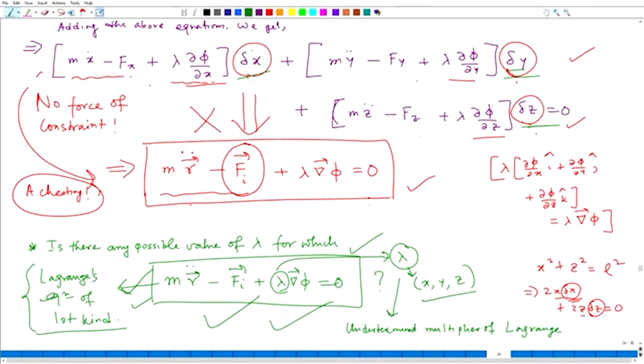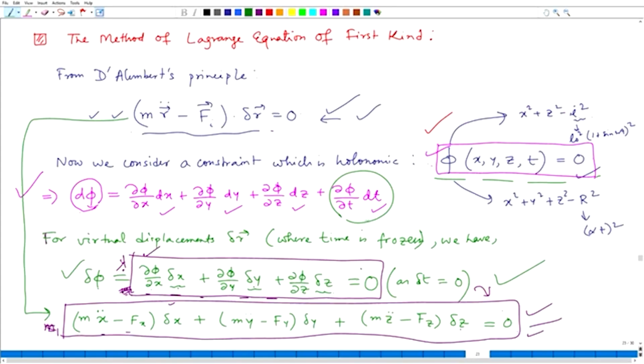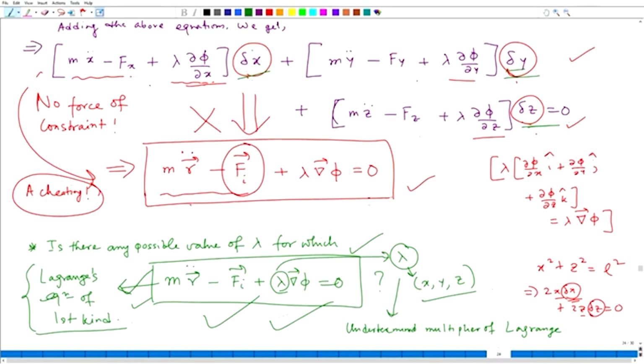Because then you will have two equations, phi 1 equal to 0 and phi 2 equal to 0, and then you will have delta phi 1 which is 0 and delta phi 2 which is also 0, and that is why you will have two different multipliers of Lagrange. I will give you an interesting problem on that in the assignment.